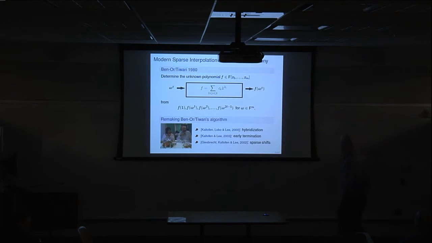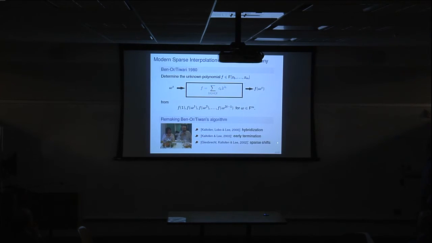So here are some pictures. This is Erich Kaltofen and Wen-shin Lee, who I think had, in Wen-shin's thesis in 2003, started working on something where you didn't even need to know t, so they could identify the sparsity as they went along.